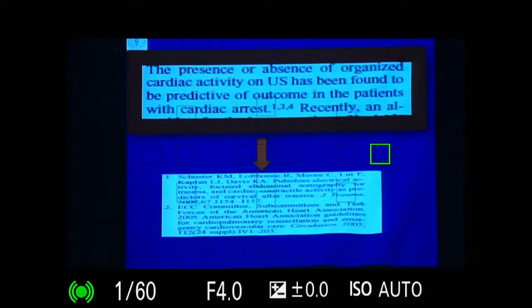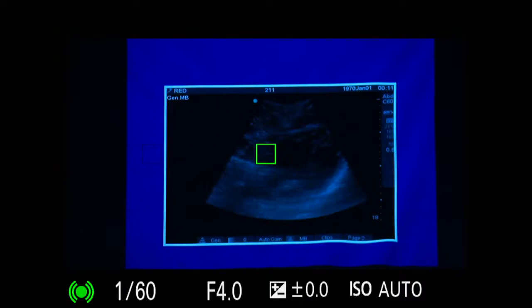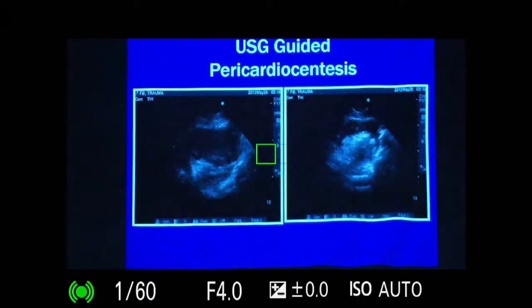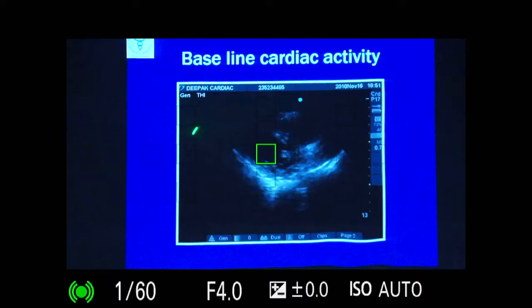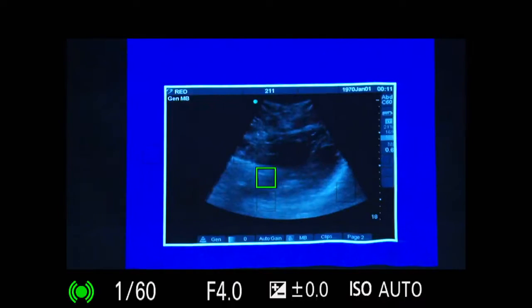You understood what the question is? A patient comes to the emergency and you did a scan and found some activity. Another patient comes with cardiac standstill. Which one will have a better prognosis in return of circulation at 24 hours?